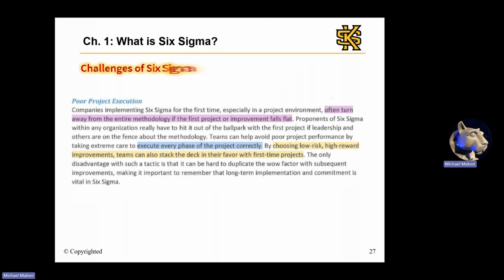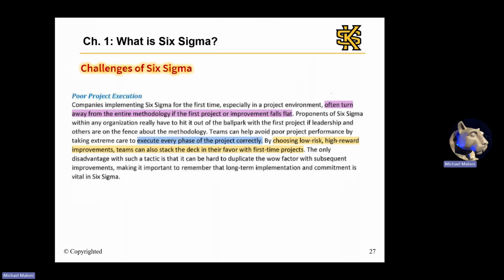The number 3 challenge is poor project execution. That is, leaders and employees may abandon Six Sigma methods if the first project or improvement falls flat. So Six Sigma is a significant upfront investment with projects lasting many months or even many years.